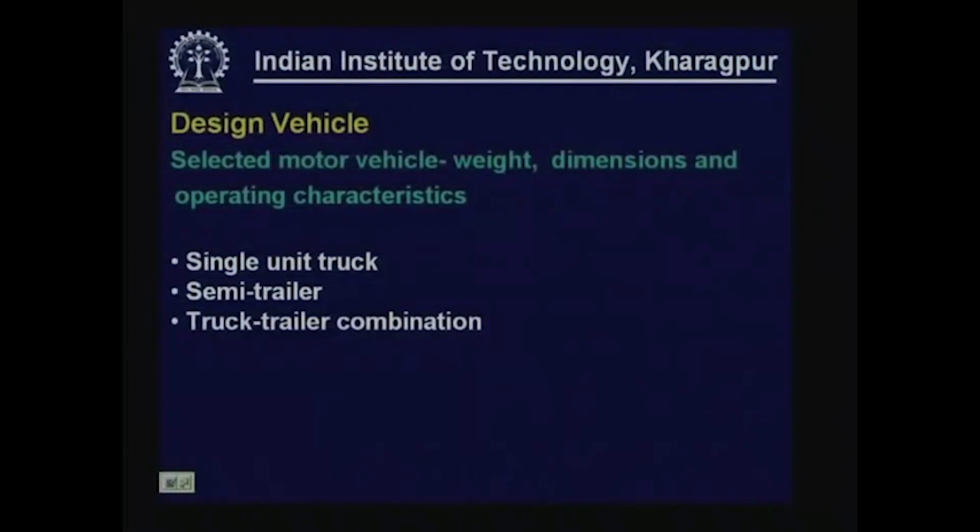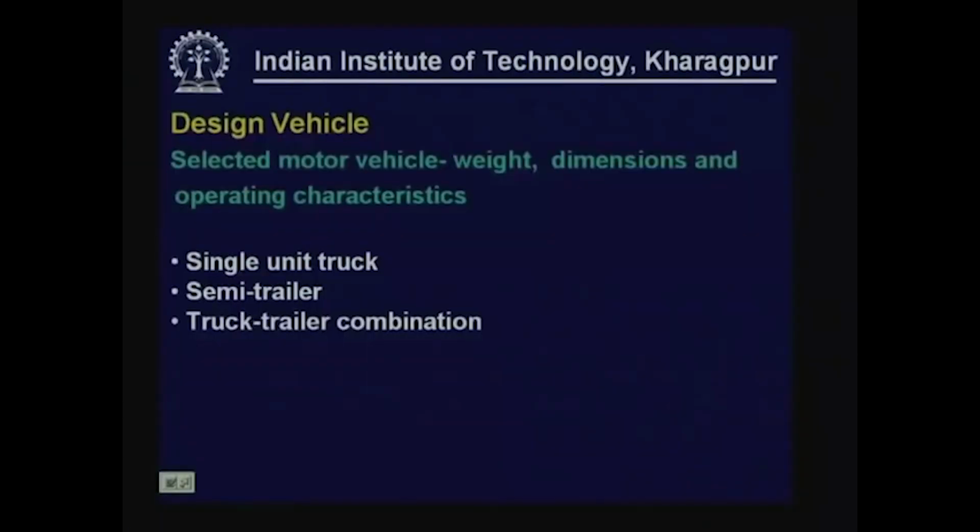There the concept of design vehicle is useful. The design vehicle is the selected motor vehicle, with weight, dimensions and operating characteristics, which is used to establish the design standard for the given road.